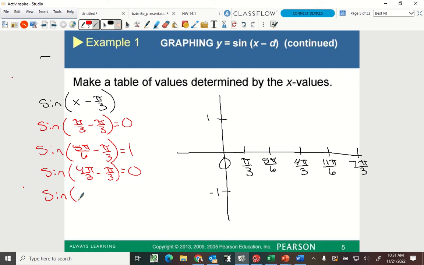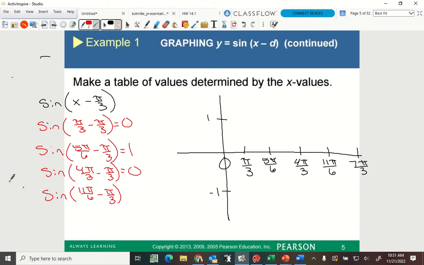Sine at 11 pi over 6 minus pi over 3. Again, the common denominator has got to be 6. So I'm going to double the pi over 3, right? So that's going to be 2 pi over 6. So with the common denominator of 6, it would be 11 minus 2, isn't it? 9 pi over 6.